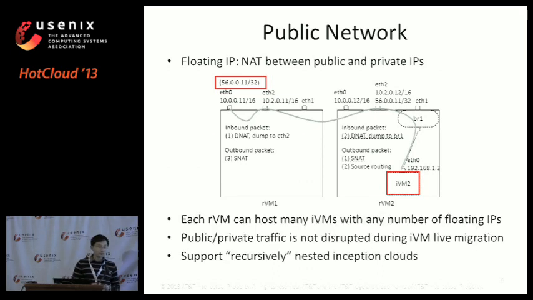And this design enables each RVM to host many IVMs with any number of floating IPs. There's no problem. And you can even migrate IVMs from one RVM to another RVM without disrupting any ongoing traffic between the internet and the IVM inside.